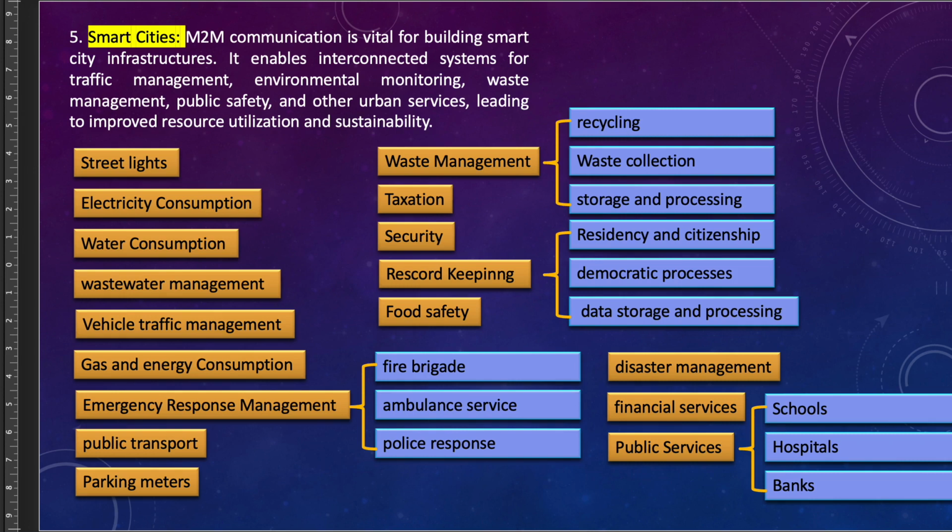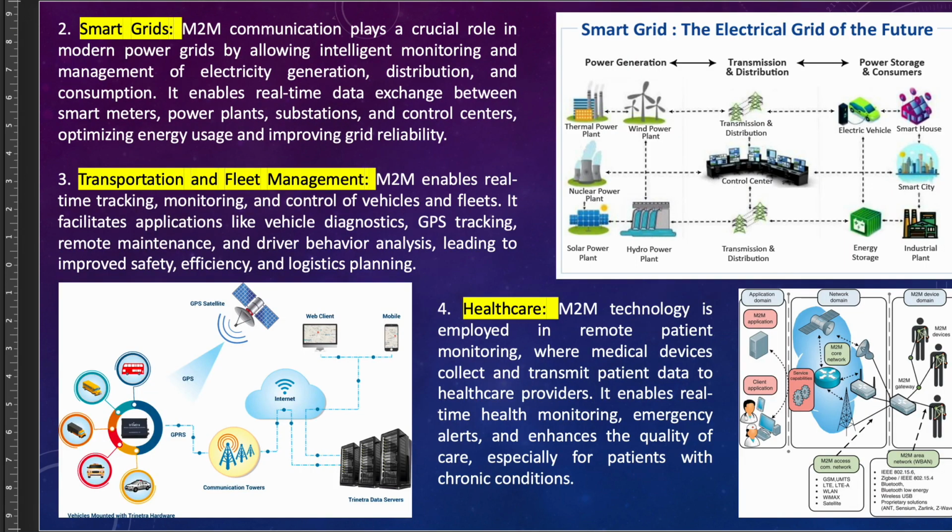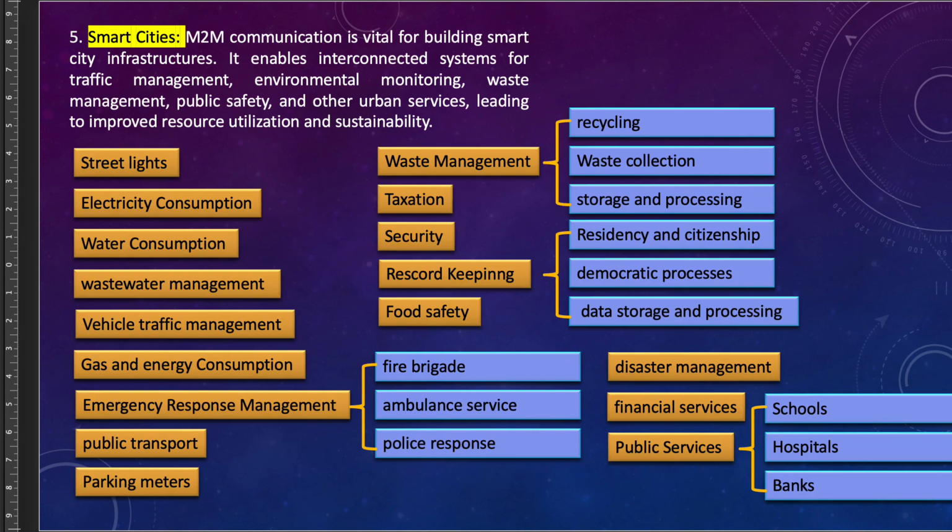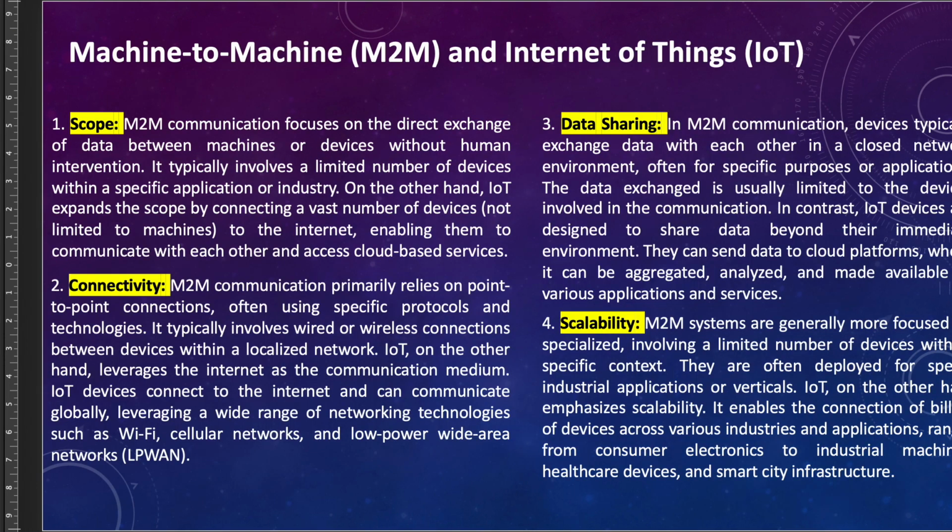Smart cities, right? We talked about them extensively. It's a cluster of other IoT systems like smart grids, transportation, healthcare, in one place, where in a city itself, right, it's a bunch of systems working together. We talked about machine to machine and Internet of Things. What are the differences?